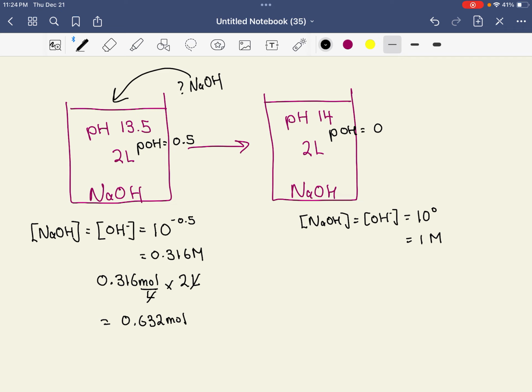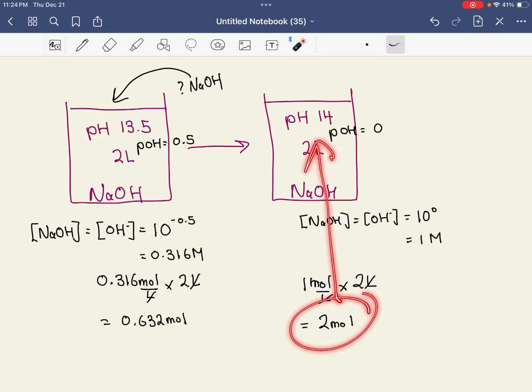All right. If I want to make it a pH 14, that means I have to take 1 molar times 2 liter. So the amount of mole here is 2 mole. Right. So what I'm trying to say here is that this is 0.632 mole of NaOH. What I want is to add NaOH to make it 2 mole in here.